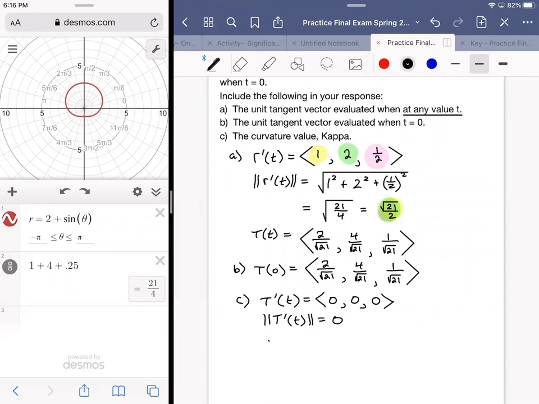And kappa is the magnitude of the unit tangent vector's derivative over the magnitude of the derivative of the vector-valued function, which is going to be 0 over the square root of 21 over 2, which is 0. All right. So whether you do it intuitively or based off of your computations, your algorithmic approach, either way, you should come up with 0 as an answer.